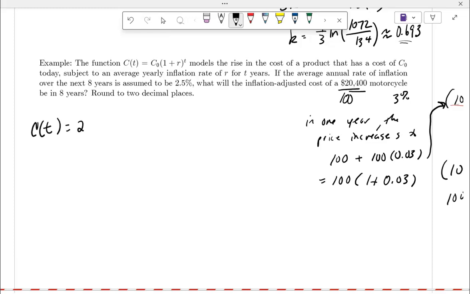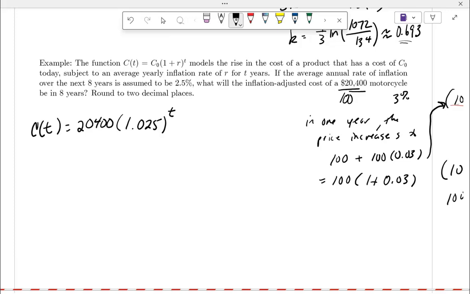So your motorcycle is 20,400, and your inflation rate in this case is 2.5%. To convert that to a decimal, it would be 0.025. So we'll have a 1.025 on the inside, and then raised to the t power. And so again, notice it fits our exponential model form, doesn't it? Like what we've had before.